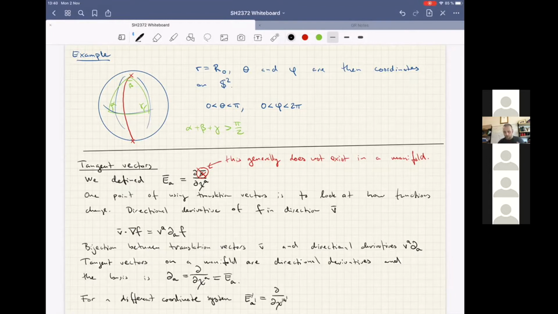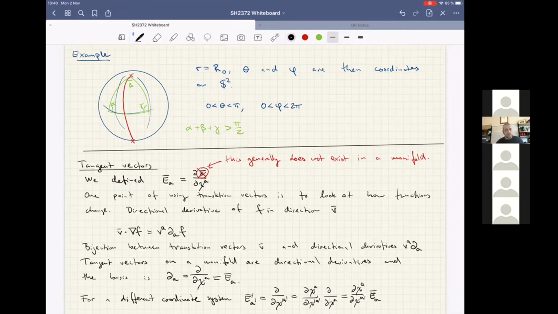But then we could use the chain rule for derivatives and write this as ∂chi^A/∂chi'^A' times ∂/∂chi^A, or if we want to express it explicitly in terms of this E, ∂chi^A/∂chi'^A' E_A.